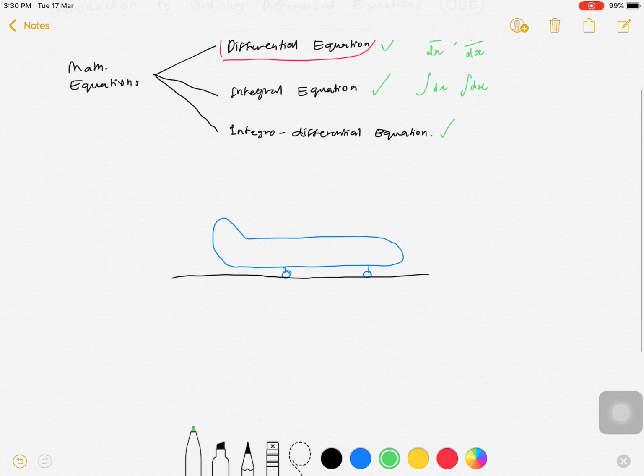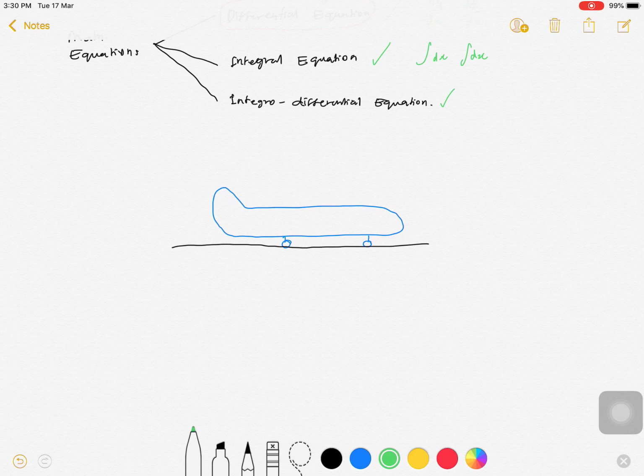Now we go to one application, or one problem, that we can use ODE to solve. This is an aeroplane in the airport.